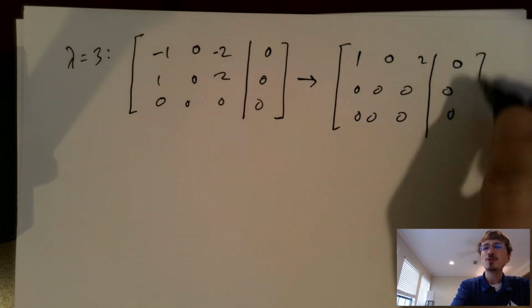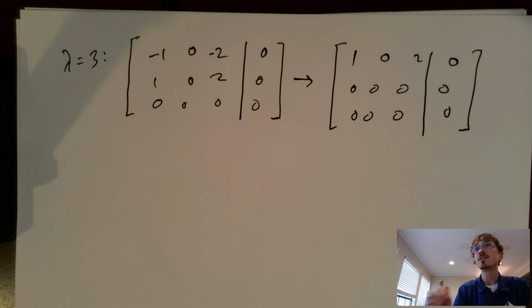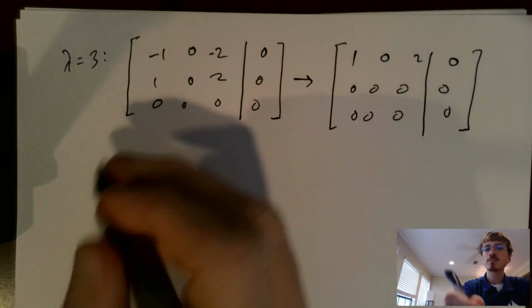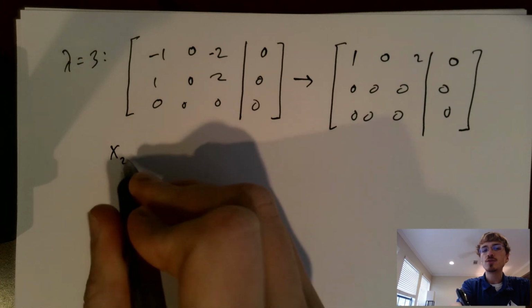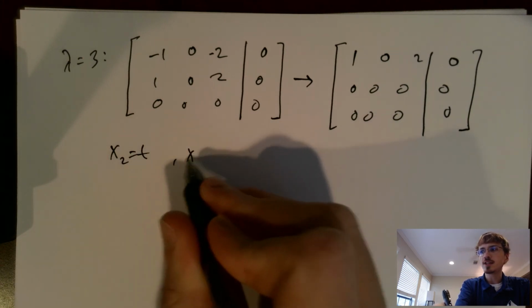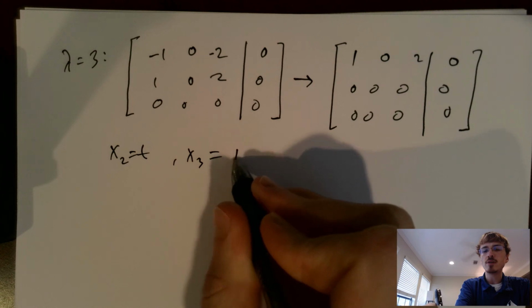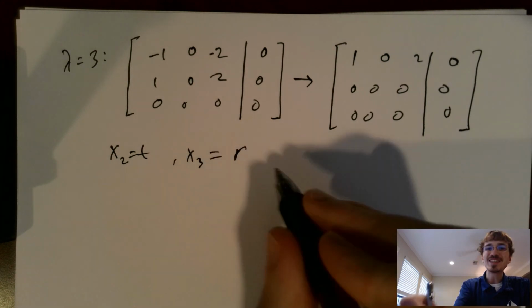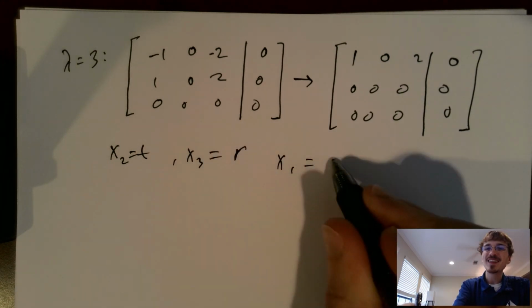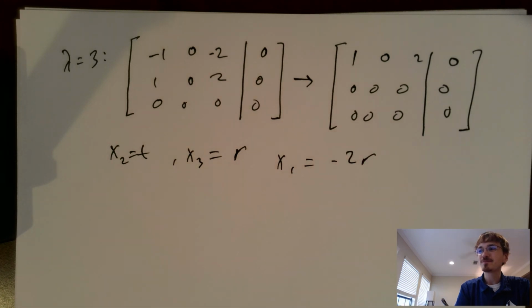How many free variables do we have in this system? I have two free variables, right? Let's let x2 equal t. Let's let x3 equal, I don't know, r. I don't care. What does x1 have to be now? x1 is negative 2 times r, isn't it?